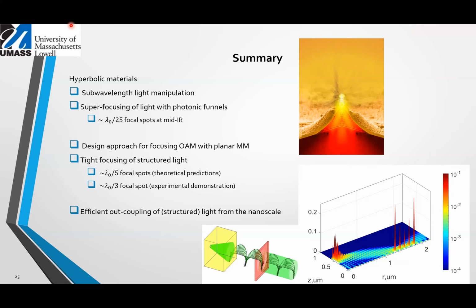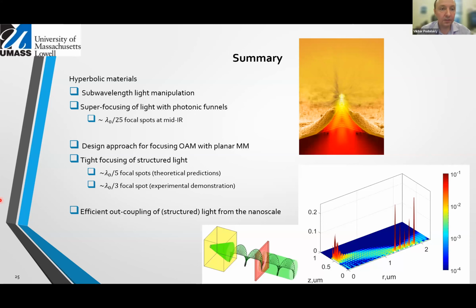The next question. How does the topological charge or phase structure of the incoming vortex beam influence the design and performance of these hypergratings for achieving high resolution focusing? Thank you. It's a very interesting question. The design part does not seem to depend on optical charge.